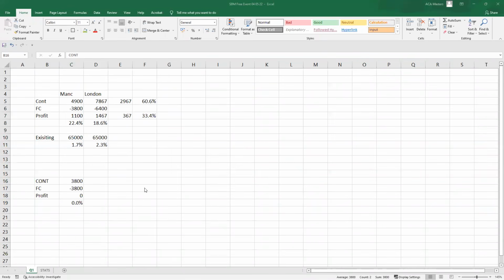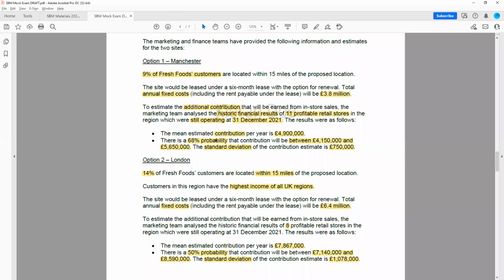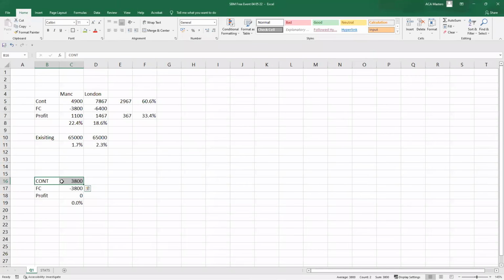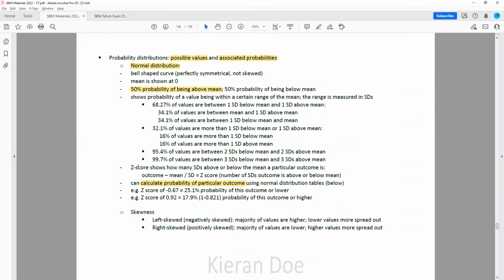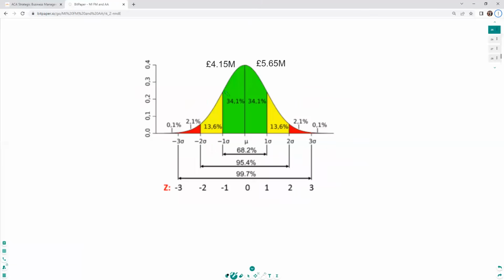So we already know some information about the contribution. We know there's a 68% chance of it being between this and this, but actually what we want to know is the probability of contribution being 3.8 million or lower. The way we can calculate that is by using a Z-score. All the Z-score is showing is how many standard deviations above or below the mean a particular outcome is. Yes, we know that there's a 68% chance that it'll be between here and here, but what we want to know is the probability of it being 3.8 million.